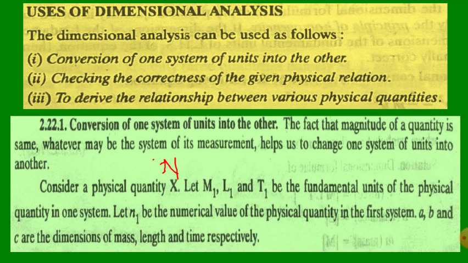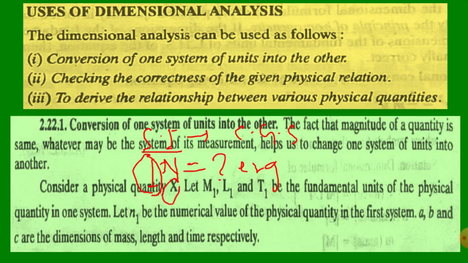Suppose you want to find out how many dynes are in 1 Newton; that means from SI units you need to convert to CGS units. While converting, you need to know the numerical value in one system of units for that particular physical quantity. In our case, it is the Newton force, so this one will represent your n1.